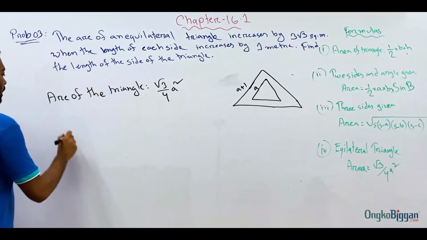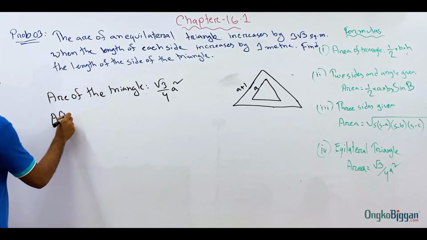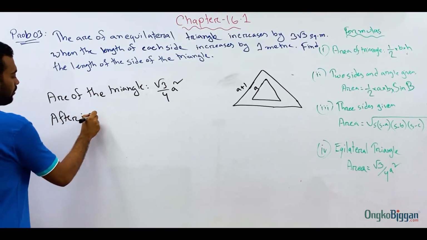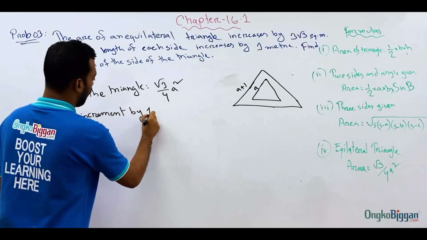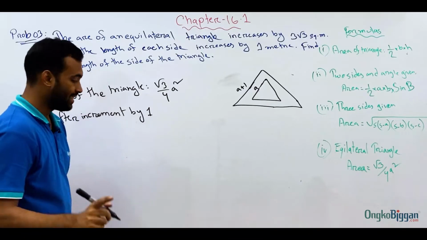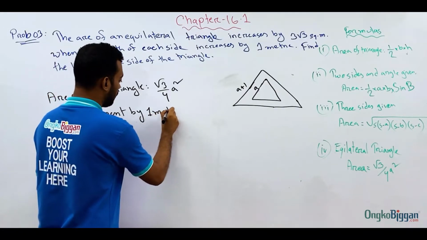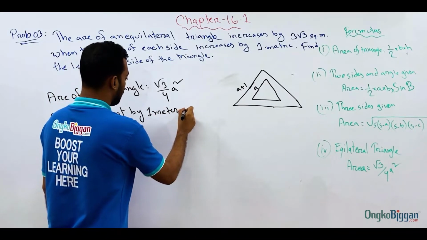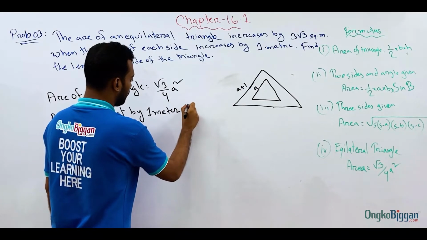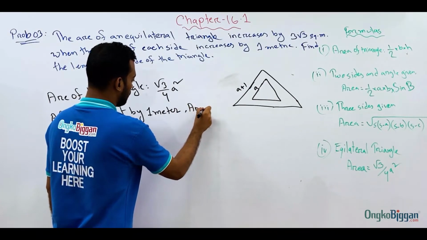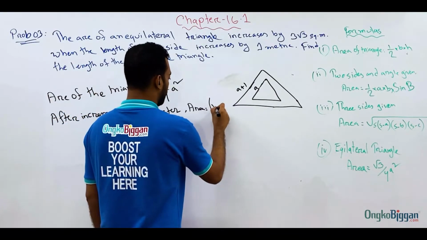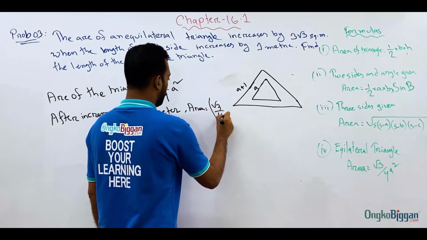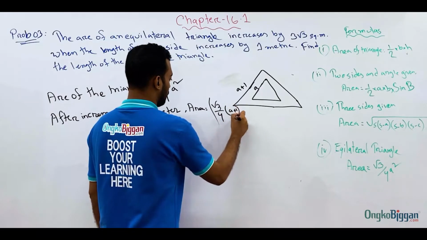Okay, after the increment by 1 meter on each side, the area becomes root 3 by 4 times A plus 1 whole squared.